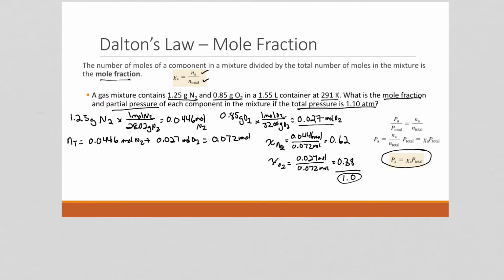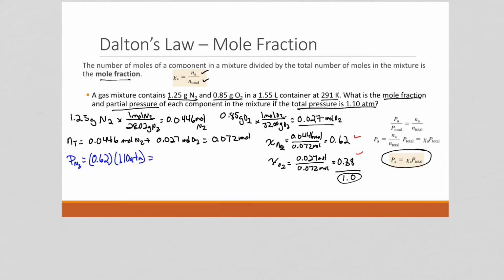Now that I know the mole fractions here and here, I can use them to calculate the partial pressures. So the pressure of N2 equals 0.62 times the total pressure, which was 1.10 atm.